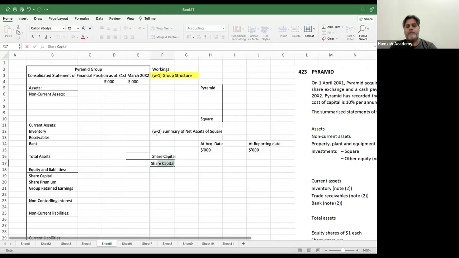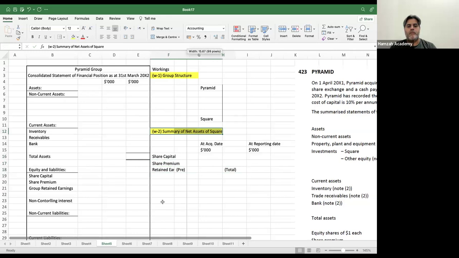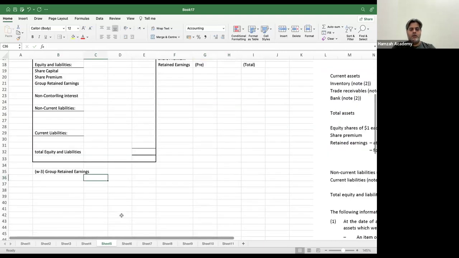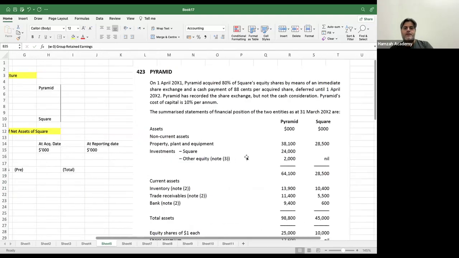Share capital, total. Right? Then group retained earnings, Pyramid, Square, balance given, post. Now, let's just go at the start of the question.